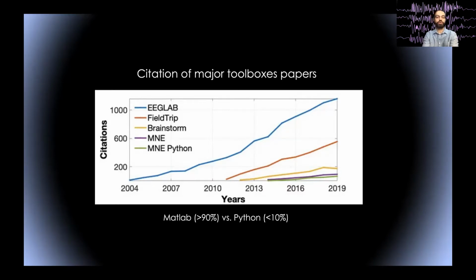That's actually a stronghold of the company that makes MATLAB, the MathWorks. They cater to us and support us because neuroimaging is one of the fields in which MATLAB is still widely used, and that matters because of the user base.